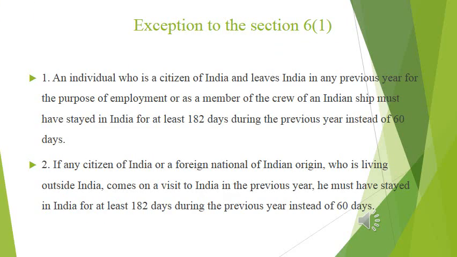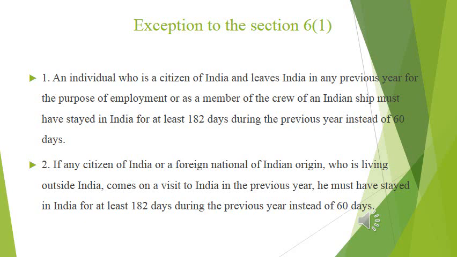First one, that is exemption to section 6 subsection 1. All of you know, with regard to the determination of residential status, the basic condition under section 6 subsection 1 is that he has been in India for at least 365 days during the 4 previous years preceding the previous year, and he is in India for at least 60 days during the previous year.